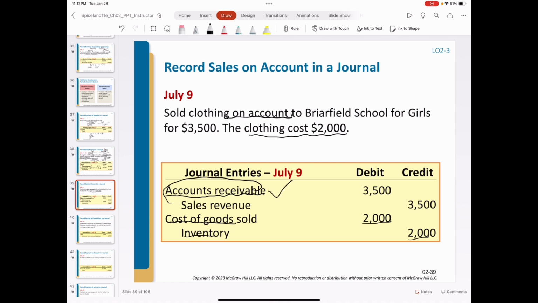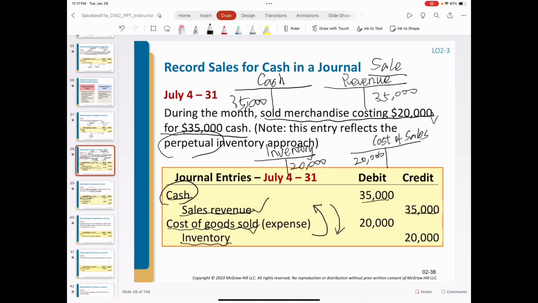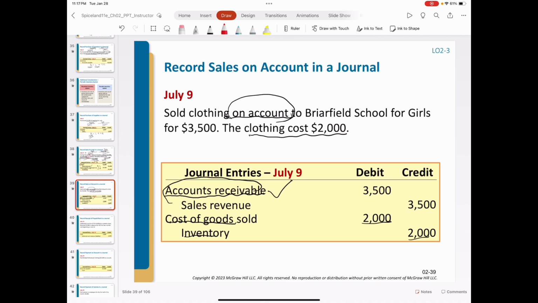Because of the difference in the description of the transaction. This is sales on account, while this is sales for cash. See, although these are 2 sales, the accounting treatments are different. 2 different stories.